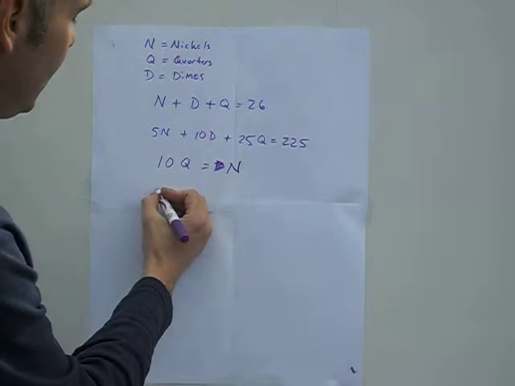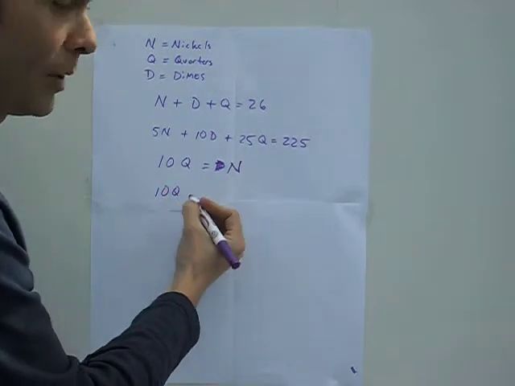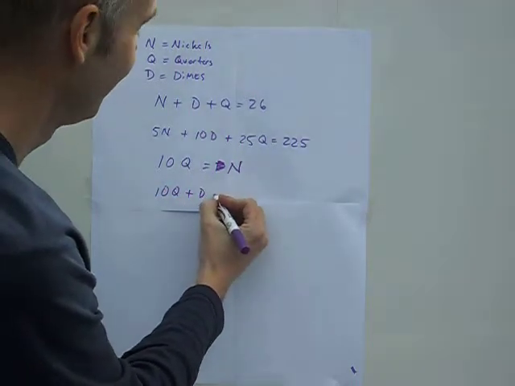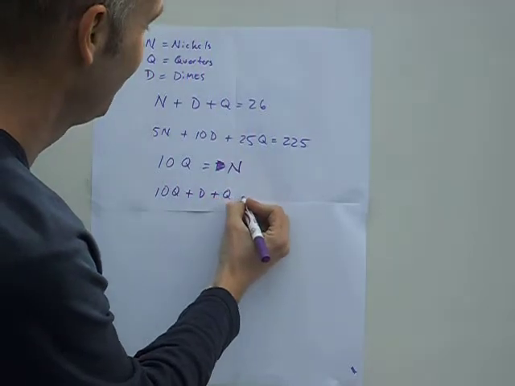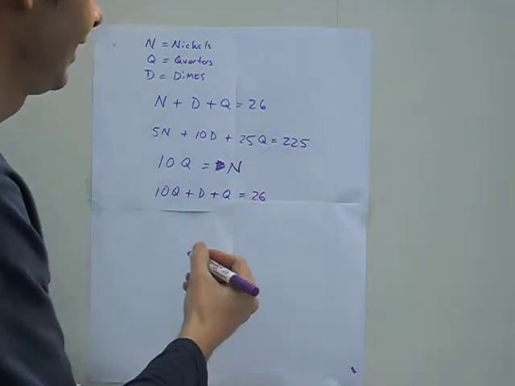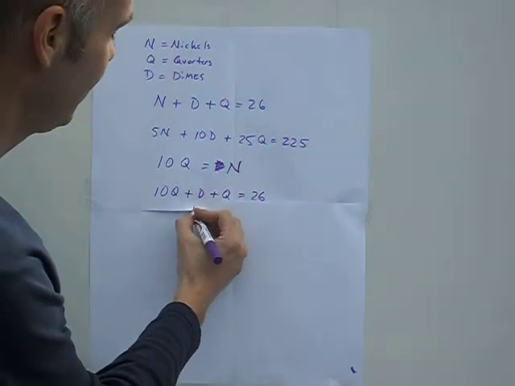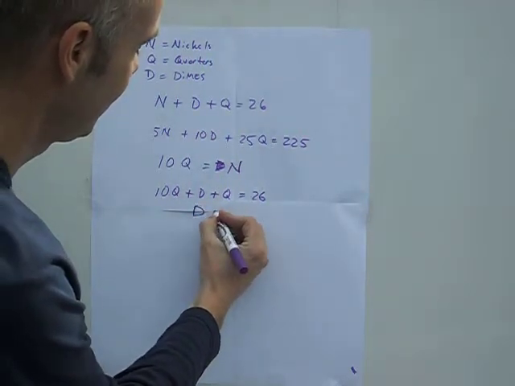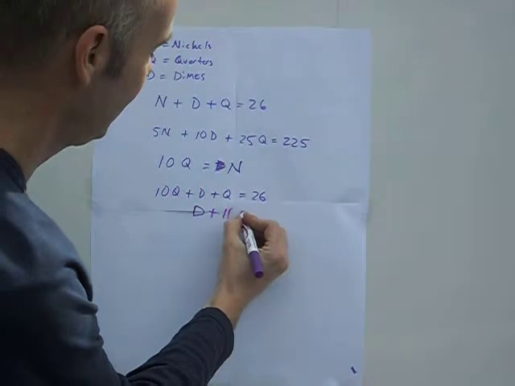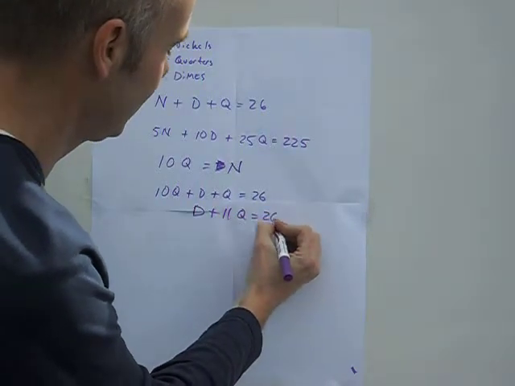So let's go ahead and put that in the first one here. So we have 10q plus q plus d equals 26. And so we'll combine the q's and we'll get d plus 11q is equal to 26.